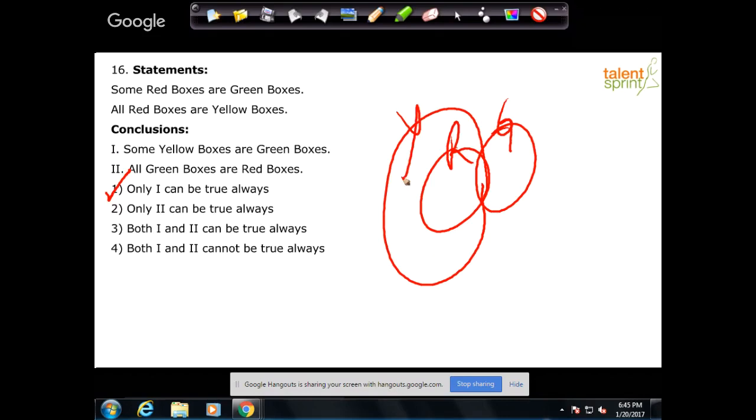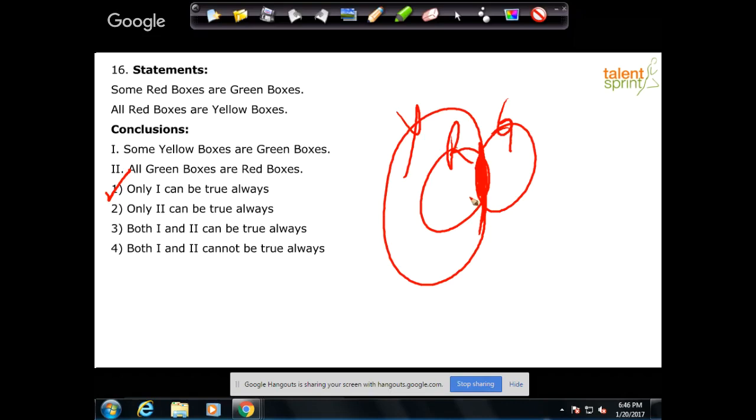Have you all got the diagram, boys and girls? Yes or no? They say some red boxes are green, which is represented by this part. Then they tell us all red boxes are yellow, so yellow would be the universal set for red boxes.